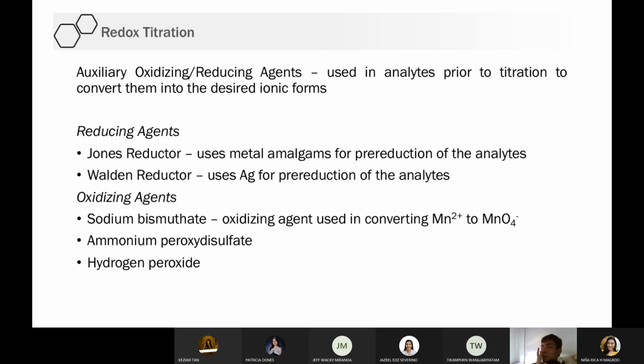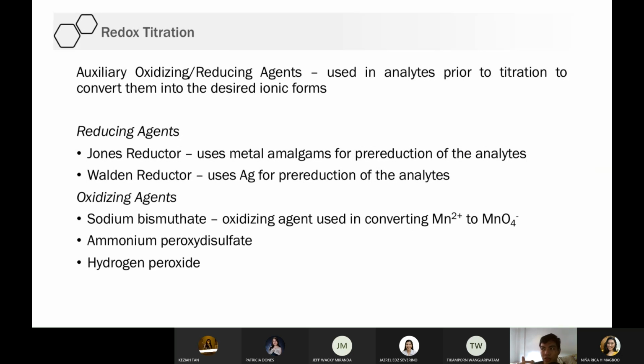Other things to take note of when doing redox titration is that you have to add an auxiliary oxidizing or reducing agent before you start your titration. In acid-base titration, you just titrate right away, right? As soon as you prepare your standard and determine its standard concentration, you can start titrating your analyte.